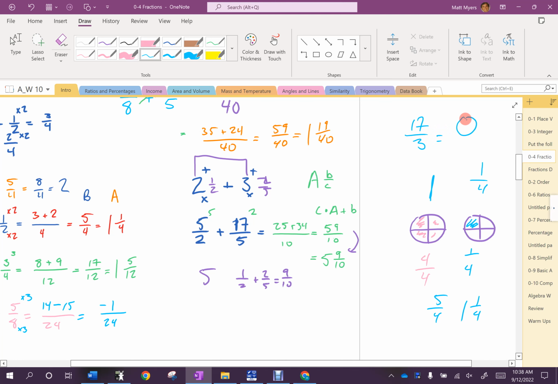Okay. How many 3s will fit into 17? 3, 6, 9, 12, 15. So 1, 2, 3, 4, 5. And then I'm left with 2 of them. 2/3. Cool? Everybody good? Okay.